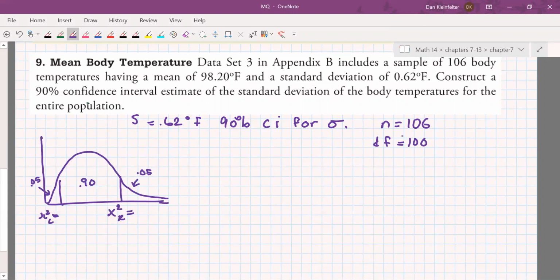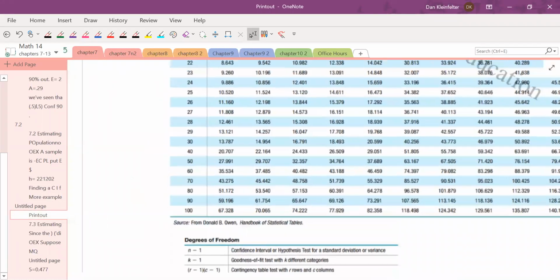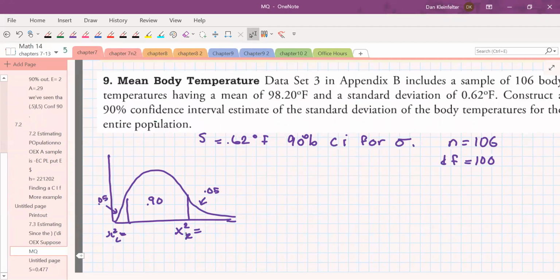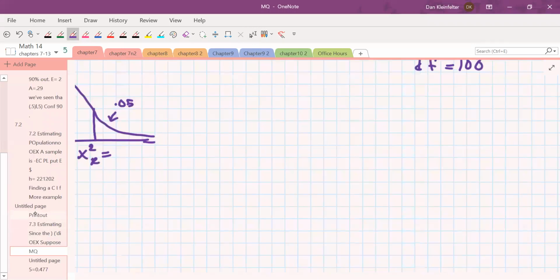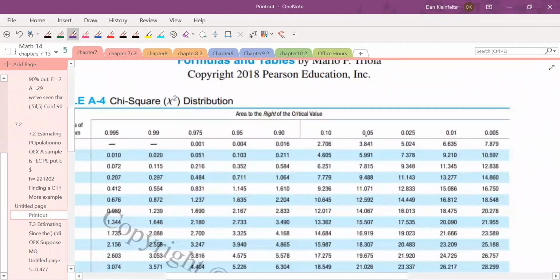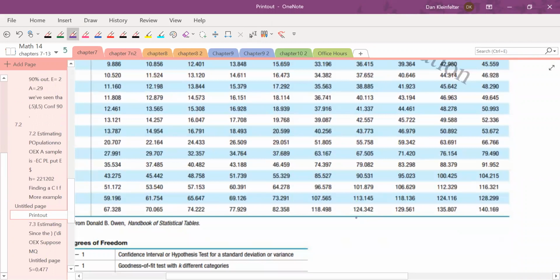So let's take a look at the table. Our table only goes up to 100, so we're going to use that. That's basically all we've got, right? So we needed 0.05 in the right. Where's 0.05 in the right? That's here. We'll go all the way to the bottom. That will be 124.342.